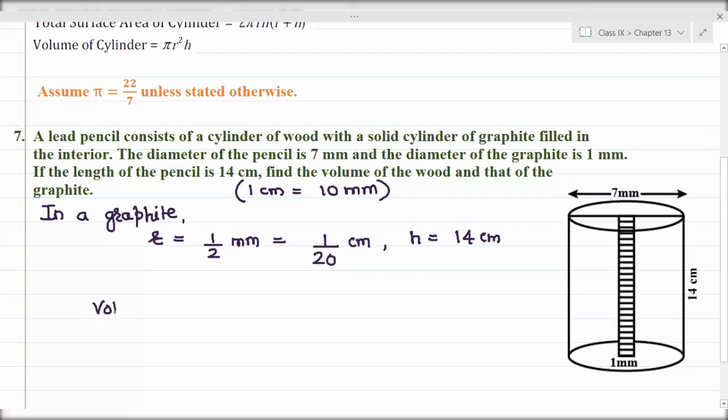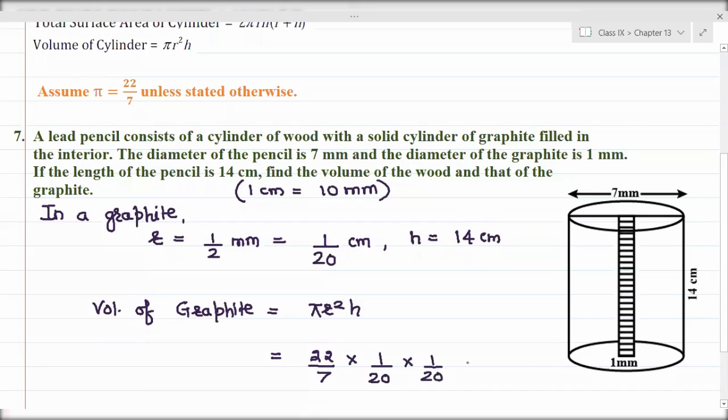Now if I write down volume of graphite, so formula is simple, that is pi r square h. The value of pi is not mentioned in the question, so we shall use 22 upon 7. R square, so I will write down 1 upon 20 into 1 upon 20, and value of height will be equal to 14.